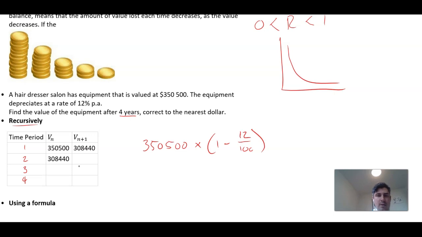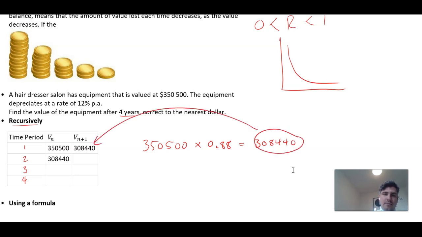So that gives me, inside the brackets, 0.88, because 1 take away 0.12 gives 0.88. So that becomes my multiplier. And that will reduce it to 308,440 in one step.